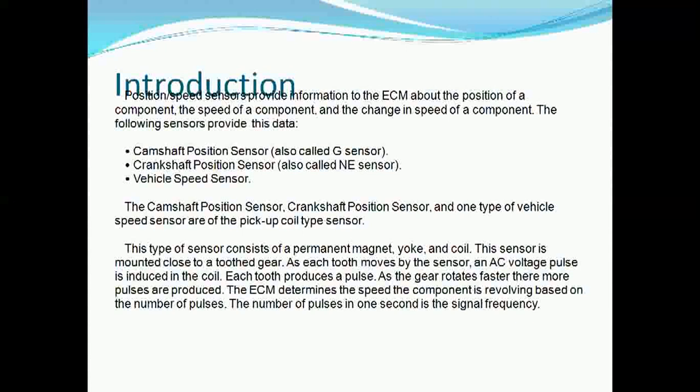So apart from that particular shaft, these sensors will be placed naturally. So crankshaft position sensors and camshaft position sensors are one type of vehicle speed sensors which are utilized to grab the results related to the RPM, while the pickup coil type of sensors, these are called as pickup coils.